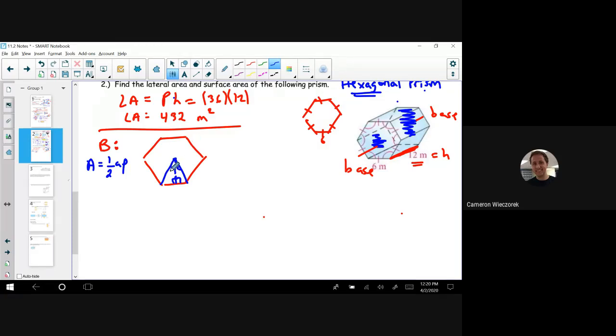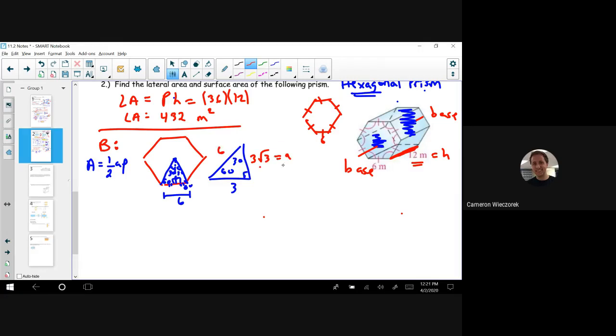Once I split it, this would be 30. This would be 30. This would be 60. This would be 60. Let me just focus on one of those little ones. 30, 60. The whole side length was 6, so we split it in half. Each of these pieces needs to be 3, which means using my 30, 60, 90 rules, this should be 3 rad 3, and this should be 3 times 2 is 6.